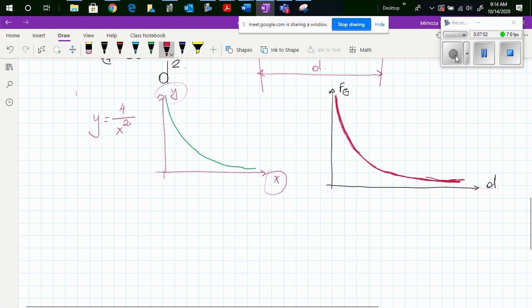What we prefer in physics is a graph that is a straight line. Now, I want you to think about it and tell me, what should I modify, either the horizontal axis or the vertical axis, to make this graph, so force of gravity is direct proportional to 1 over d squared, into a straight graph.